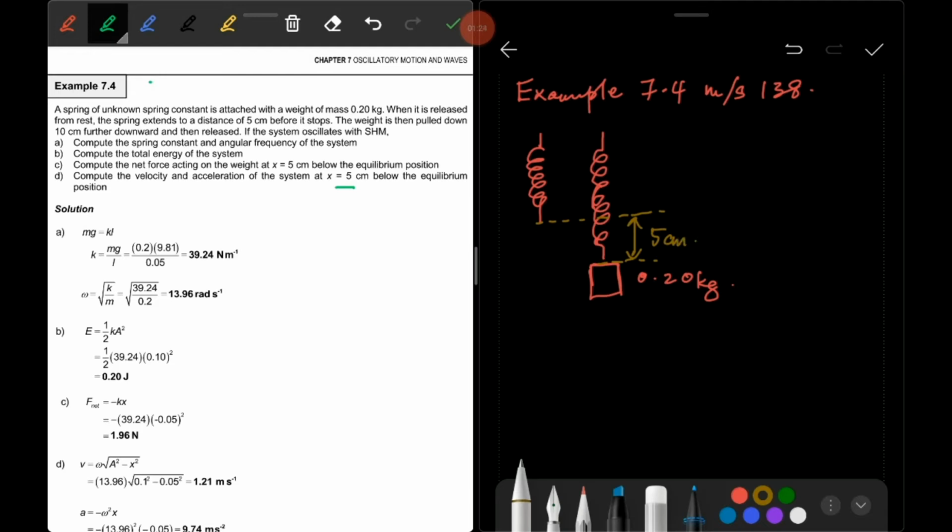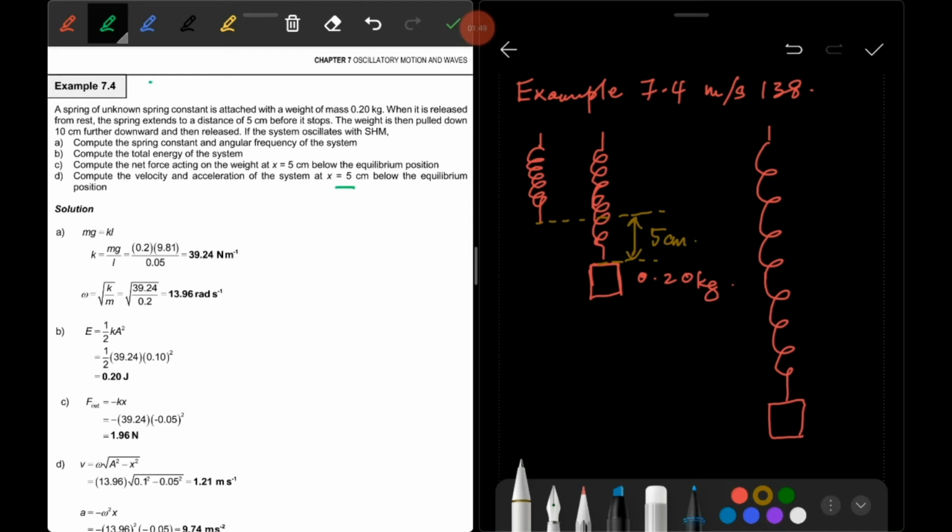The weight is then pulled down 10 cm further downward and then released. That is the third situation: the spring is pulled down 10 cm further. So, for example, this position.